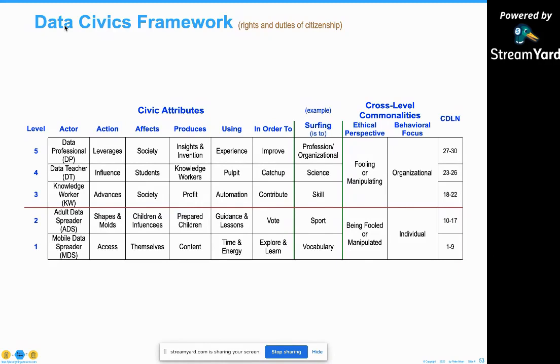So one of the other things that I've discovered is that above the line, from the ethical perspective, you're much more likely to be involved in fooling or manipulating people, and you are going to be held to organizational values, because when the organization hires a knowledge worker, they're going to put them under a code of conduct.